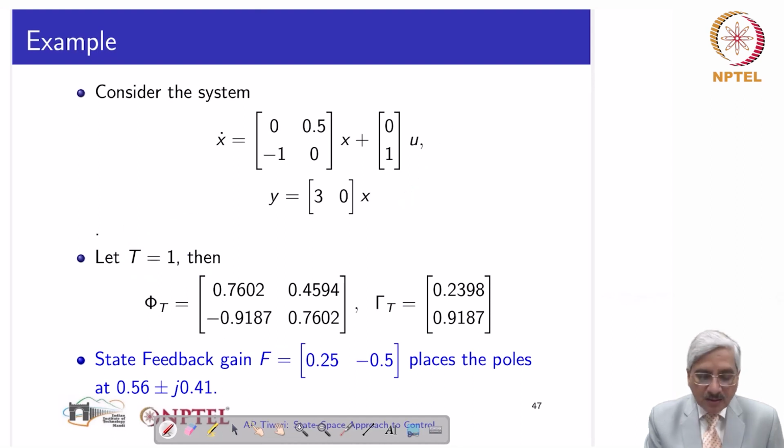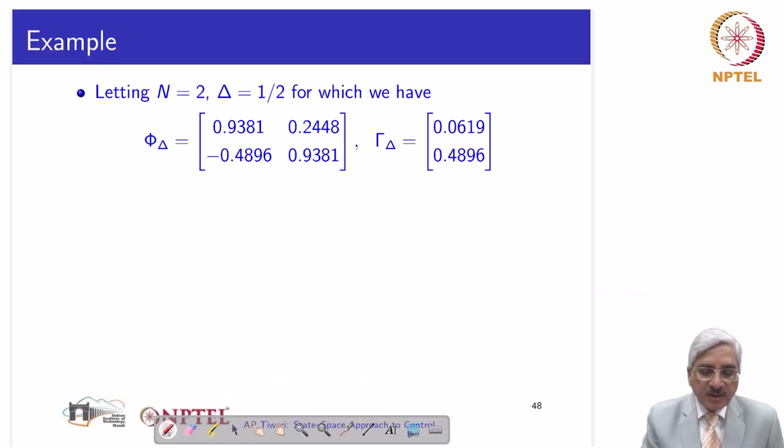For this one, we can design some state feedback gain to obtain these pole locations, and we will have this F. This F will obtain these closed loop pole locations for this system, giving an underdamped response.